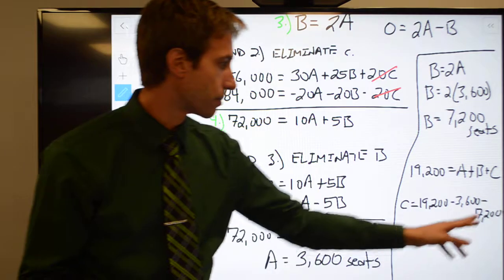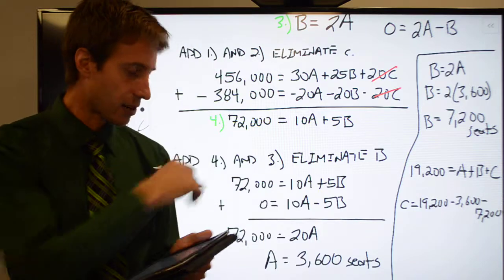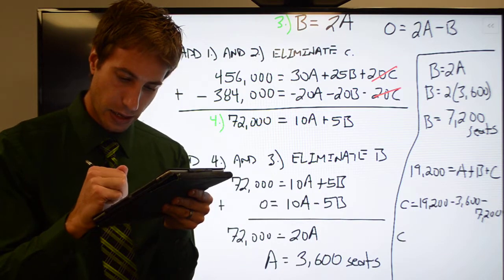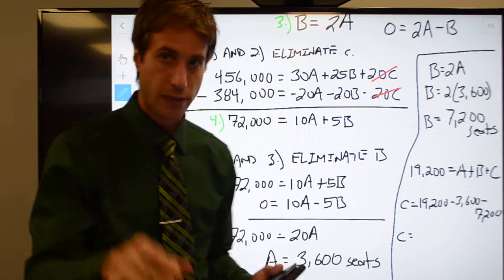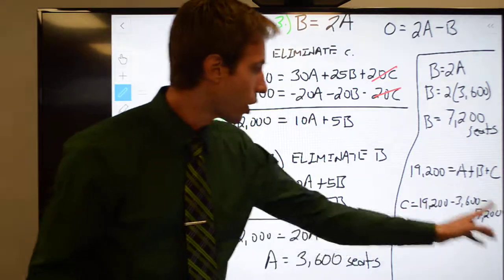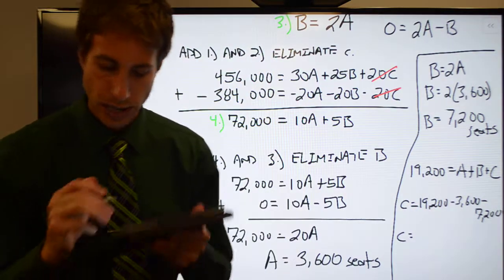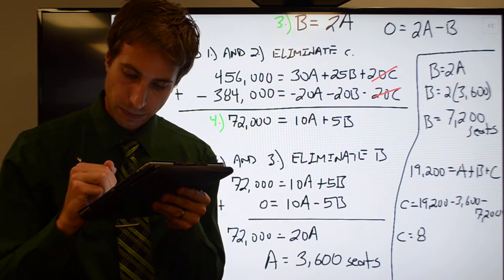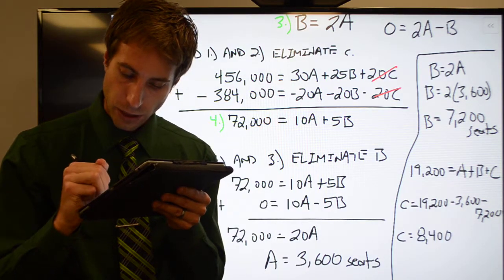I apologize, I'm squeezing in over there. I just kind of ran out of space. I'm so sorry about that. I know it doesn't look pretty. It's driving me crazy as well. But when you do that math, throw it into your calculator, you wind up with 8,400 seats.